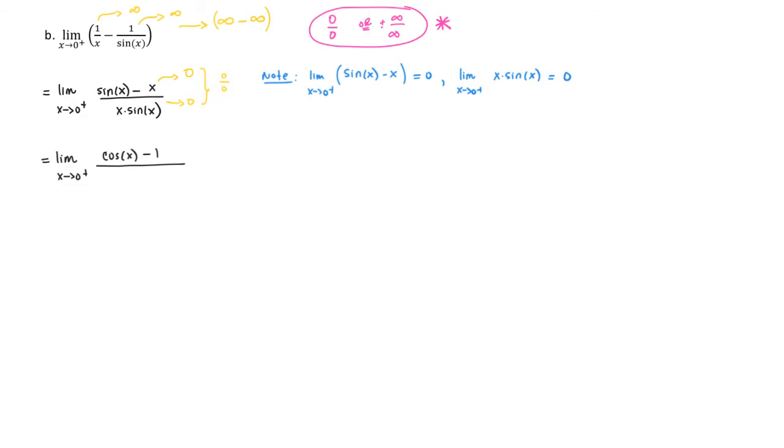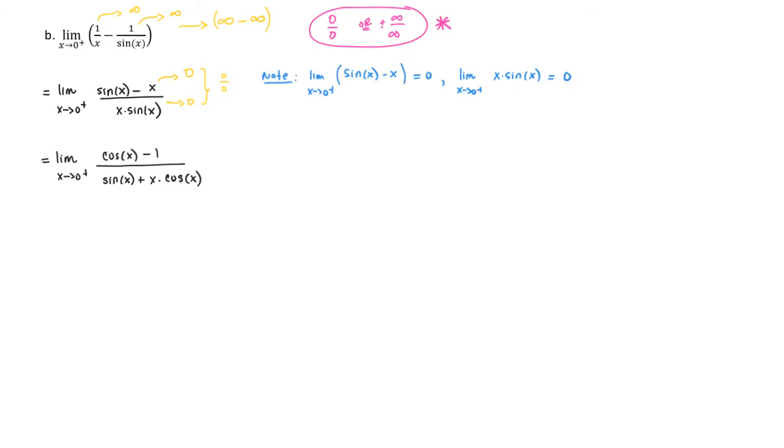Not a problem. Using the product rule, the derivative of x is 1, so we're going to have sine x plus x times the derivative of sine, which is cosine of x. So that's what we get.